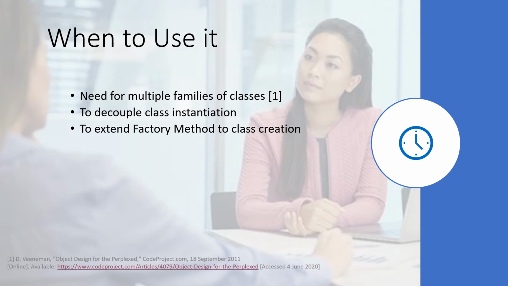In other words, if one object requires a second object that we know will be complex to develop, decoupling the two will result in fewer bugs as we work on the implementation of the second one. Finally, when we have utilized the factory method, but realize we need to extend that to multiple families of classes, using the abstract factory pattern may be desirable.